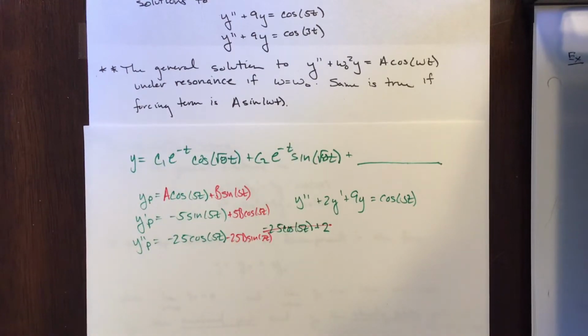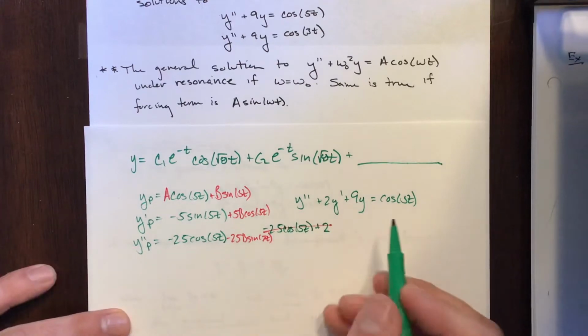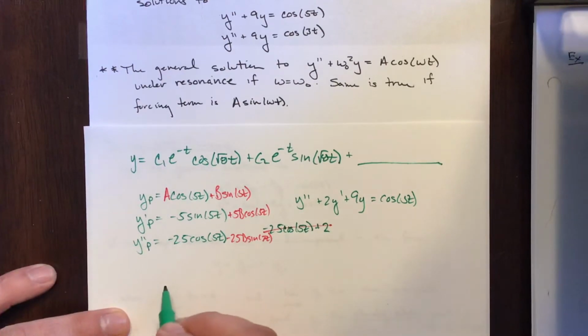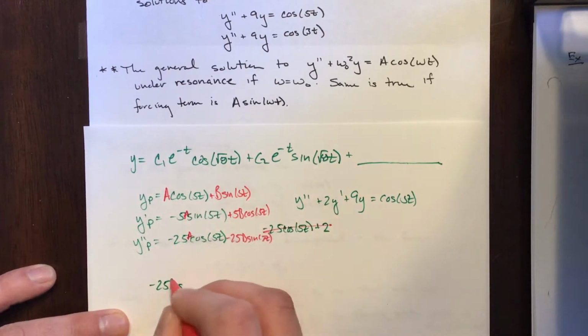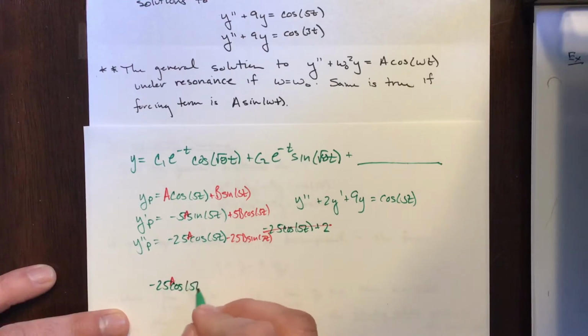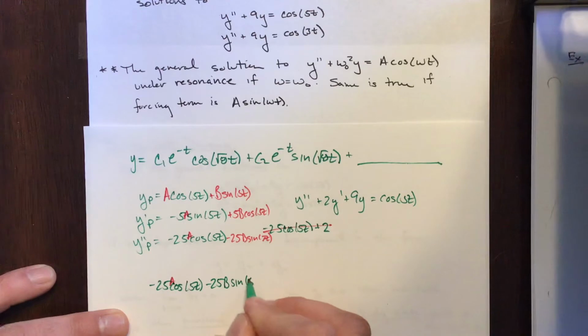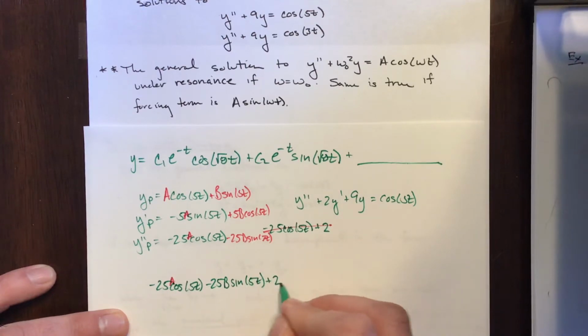Okay, so now plugging this in, y double prime is minus 25 cosine, minus 25a. I need to put in my a's. That's an a and that's an a. So minus 25a cosine 5t minus 25b sine 5t plus 2 times y prime.